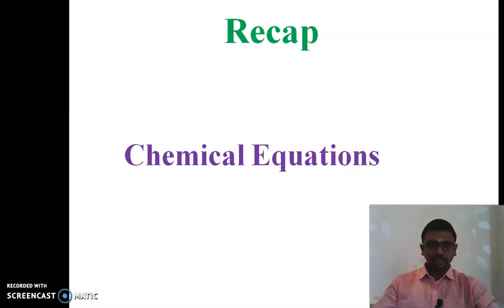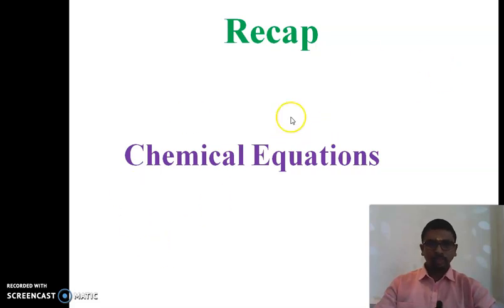We discussed chemical equations and how to balance them, what the reactants and products are, and we went through several problems: how to convert a statement to a word equation, how the word equation can be converted to a chemical equation, and finally how the chemical equation can be balanced. That we discussed in the previous session.